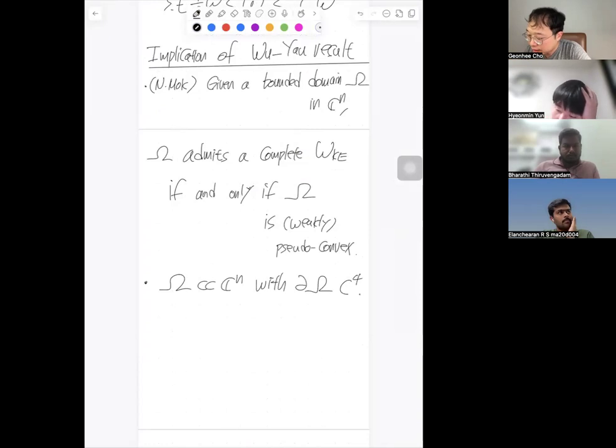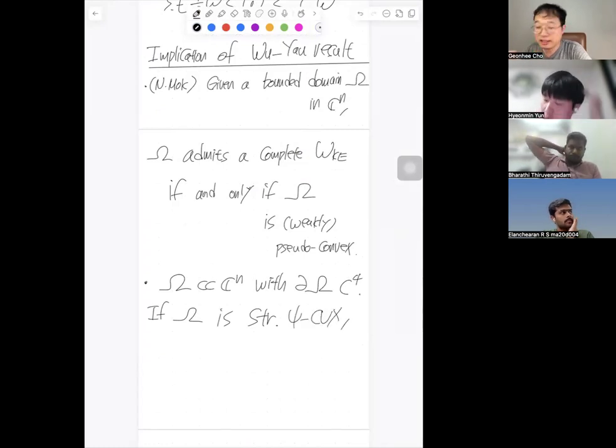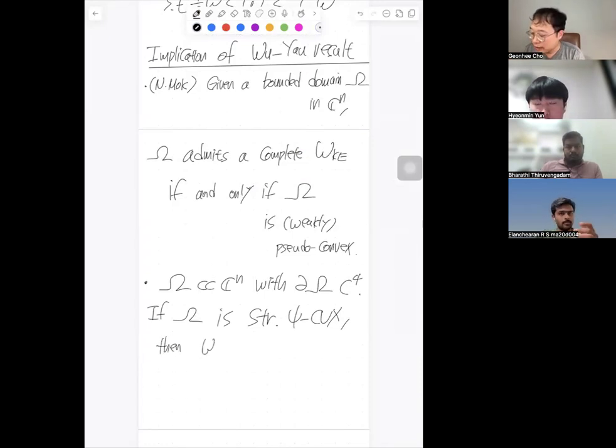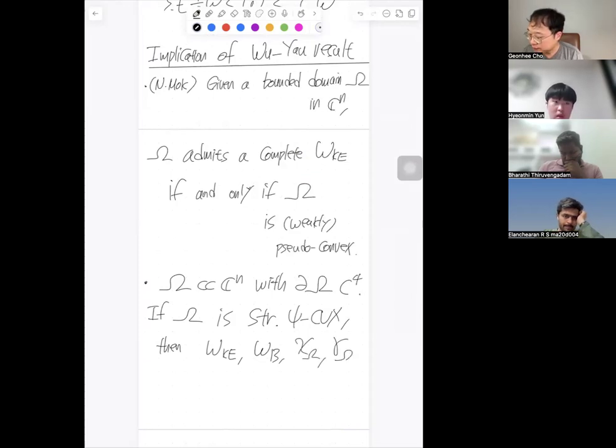So if omega is strictly pseudo-convex, then omega sub KE, omega sub B, Kobayashi, and Carathéodory are all uniformly equivalent.